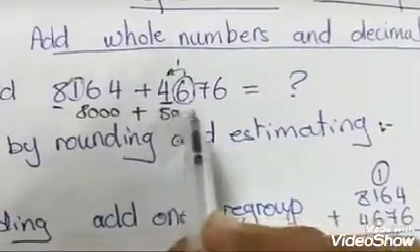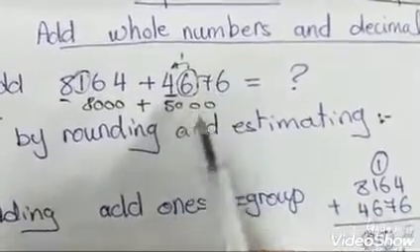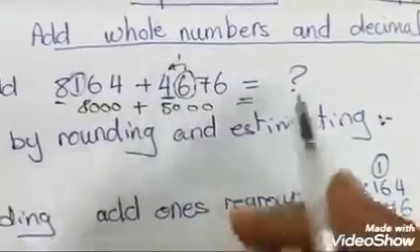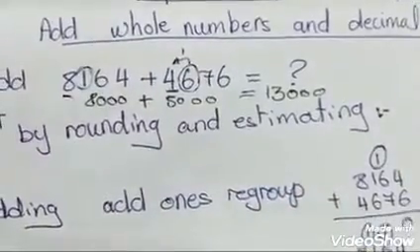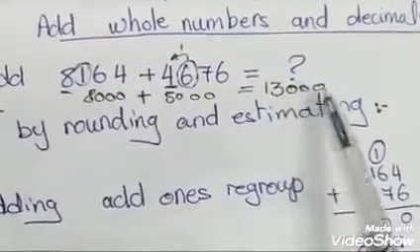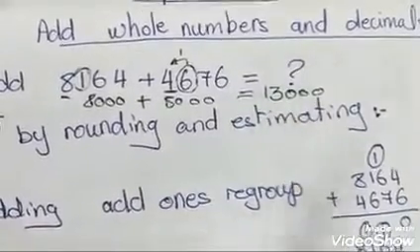The 4,676 will be rounded to 5,000. 8 plus 5 is 13,000. So the estimation I made is about 13,000. The sum of these two numbers is about 13,000.